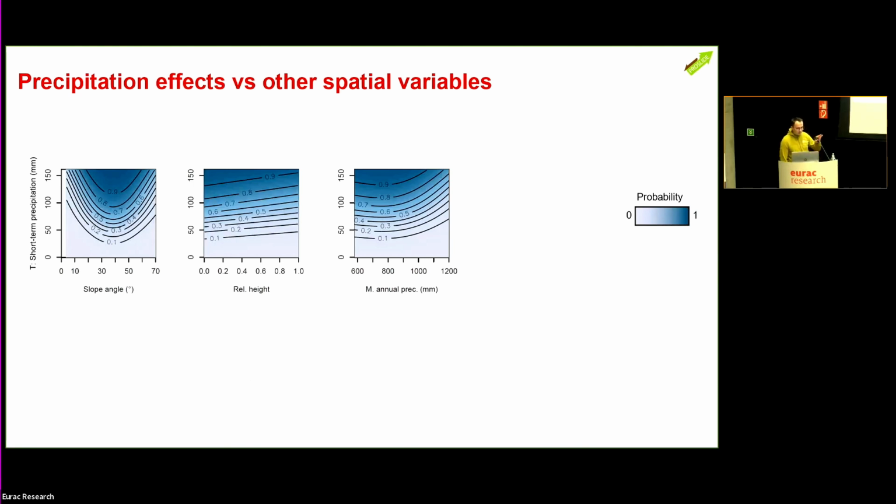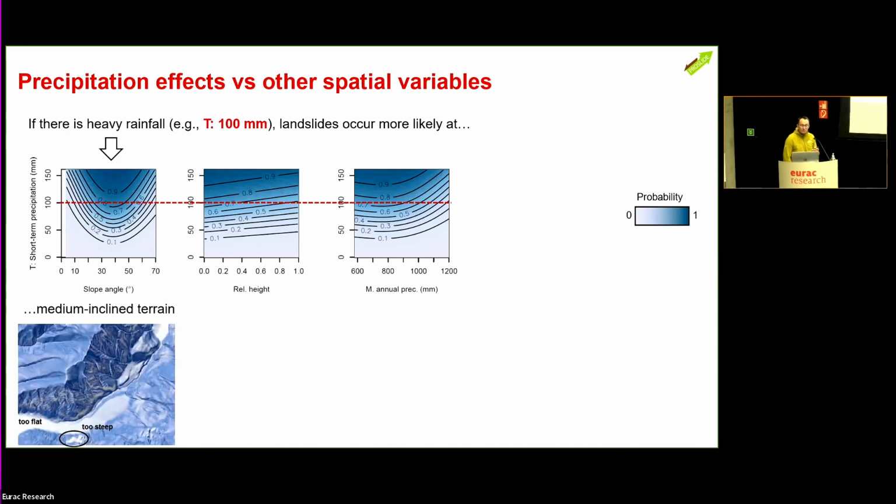We can also compare the precipitation effect with other spatial variables. So here you see again short-term precipitation, and here different kinds of spatial variables. Here again, landslide probability in the dark color is high, and here it is low. And what we see here is if there is a heavy rainfall event, so have a look at this red line, 100 millimeters in 2 days, which is not always heavy, but in this context, it's a heavy rainfall event, landslides occur more likely at medium inclined terrain.